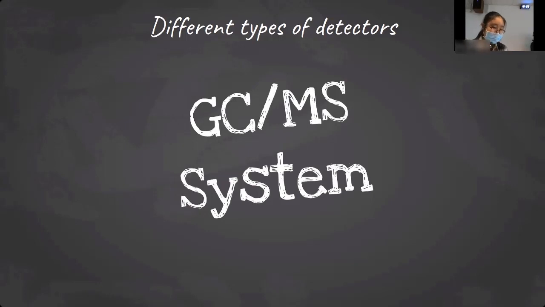The GC-MS system is widely used in analytical chemistry. However, the most commonly used method is still flame ionization detector, which uses a hydrogen-air flame to decompose the sample to emit ions and electrons for analysis. This is partially because most samples analyzed are organic and thus flammable.